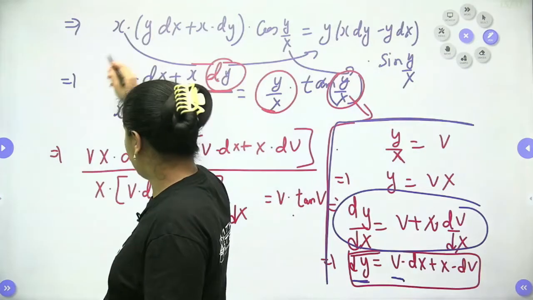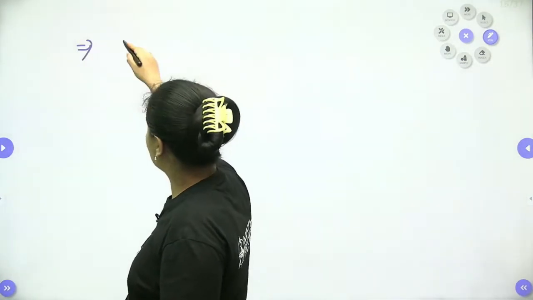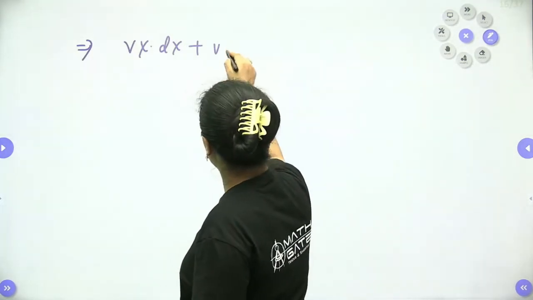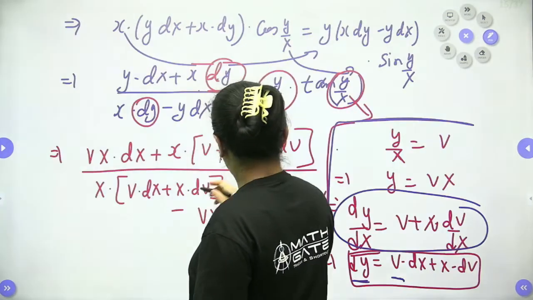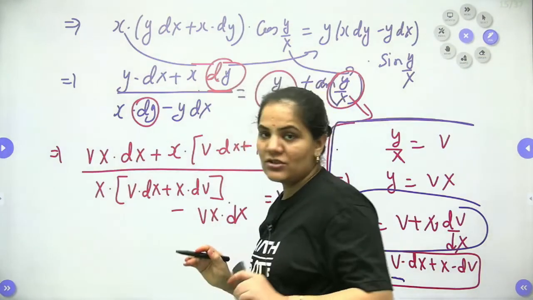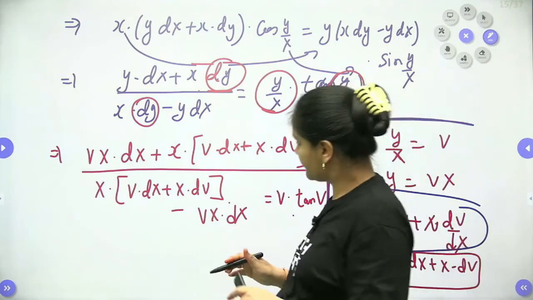Let me write it down again: it is vx dx. We can open this one, it will be vx dx again, and opening the other, x square dv. So it will be easy to approach now.